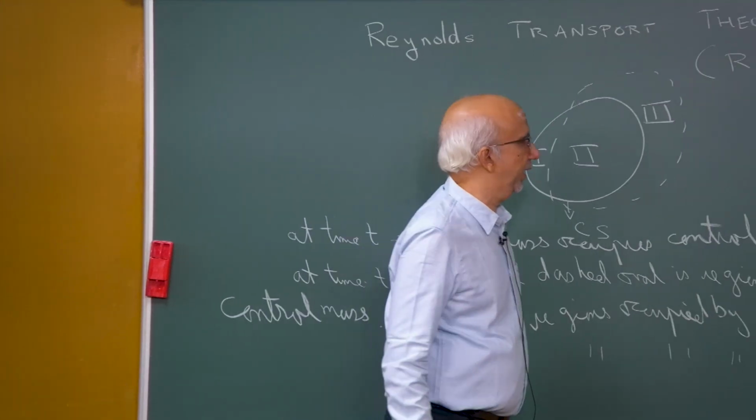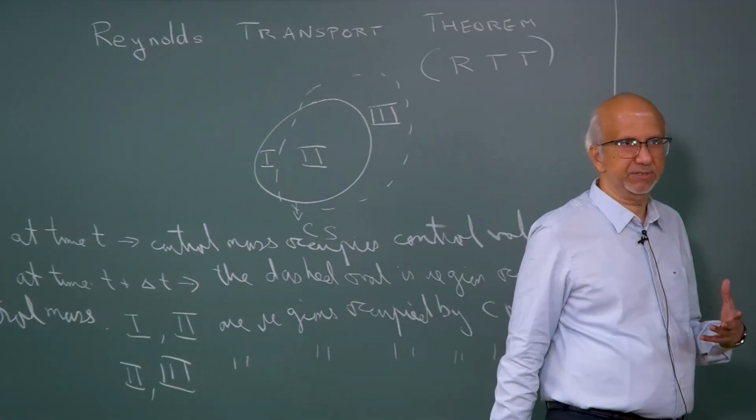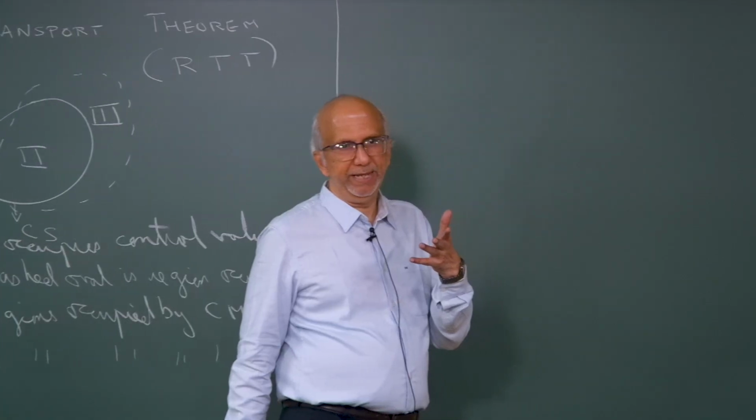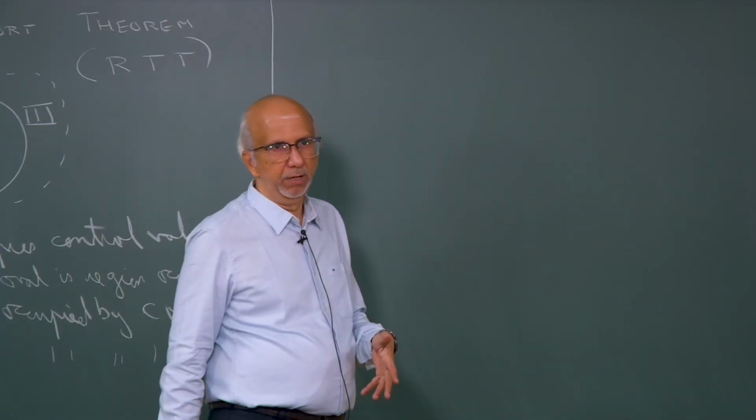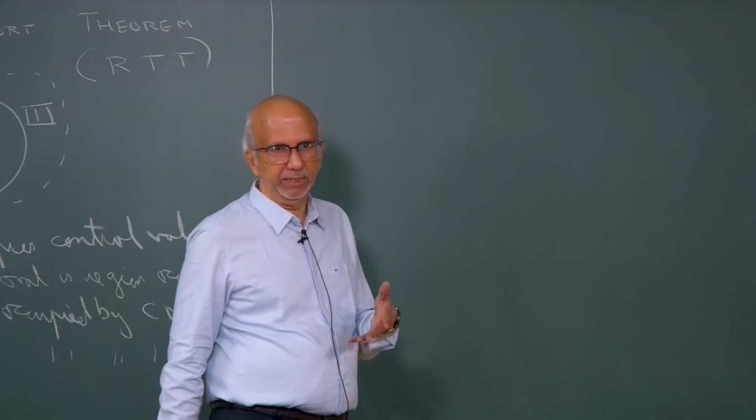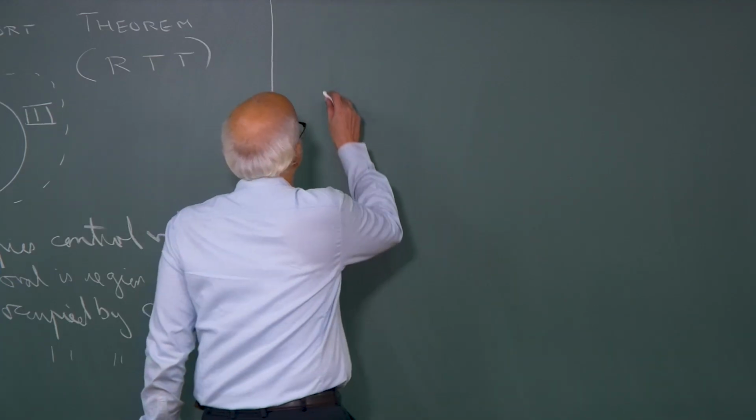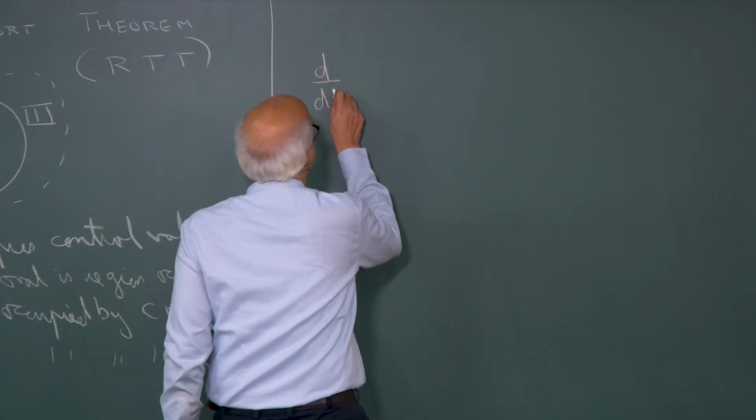So, basically I wanted to ask what is the rate of change of property of the control mass, okay. So, I am using this symbol here.